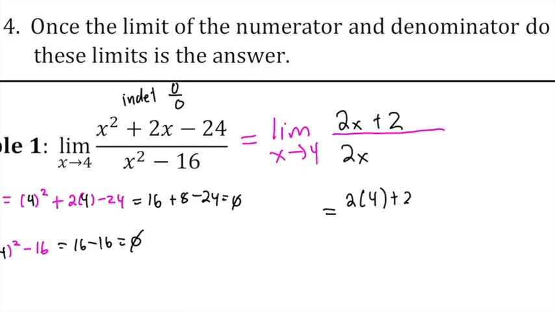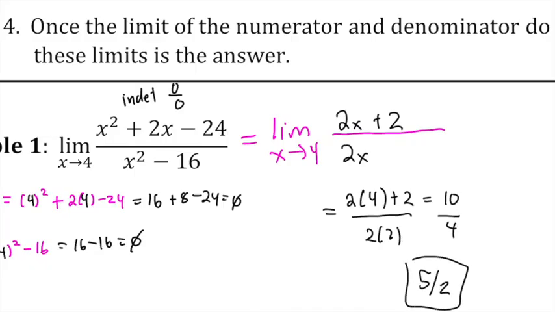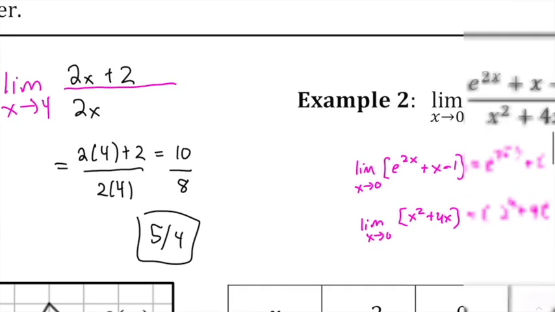So 2 times 4 plus 2 is 10, divided by 2 times 2, 4. And so our limit is now 5/2. Oops, I goofed up. We have to substitute 4 in there, not 2. So the answer is 10 over 8, which simplifies to 5/4. Moving on to example 2.